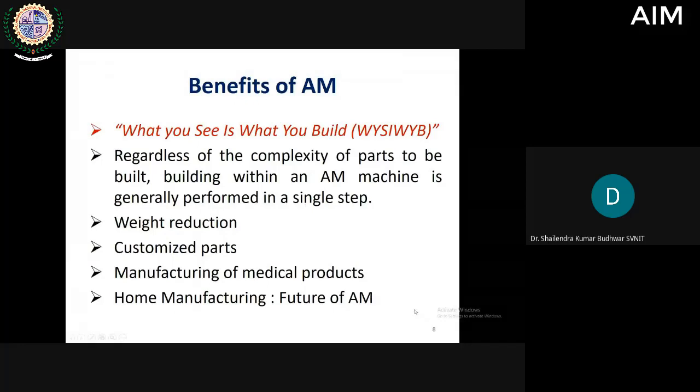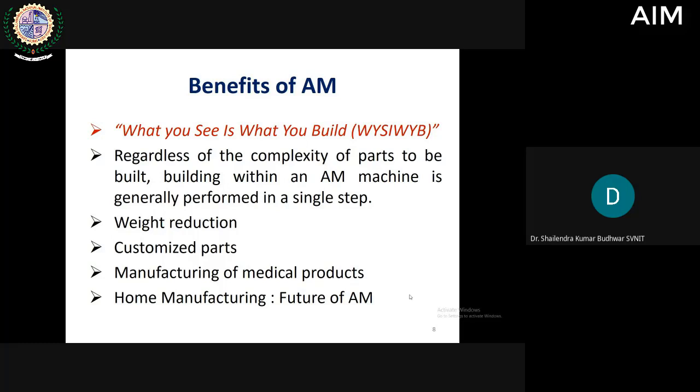And the future of additive manufacturing is home manufacturing. Home manufacturing means in coming days, it may be possible that the price of this FDM printer may be very low. Nowadays, if you search on Amazon, you can easily find FDM printers within 15,000 rupees.